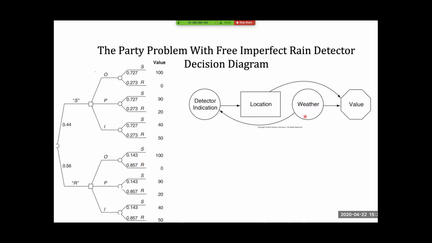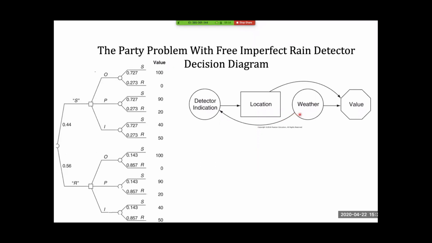It actually doesn't matter if this arrow is from weather to detector or from detector to weather. It doesn't matter because relevance is a mutual relationship. It doesn't represent a causal relationship. It only represents that these two distinctions are relevant to each other.